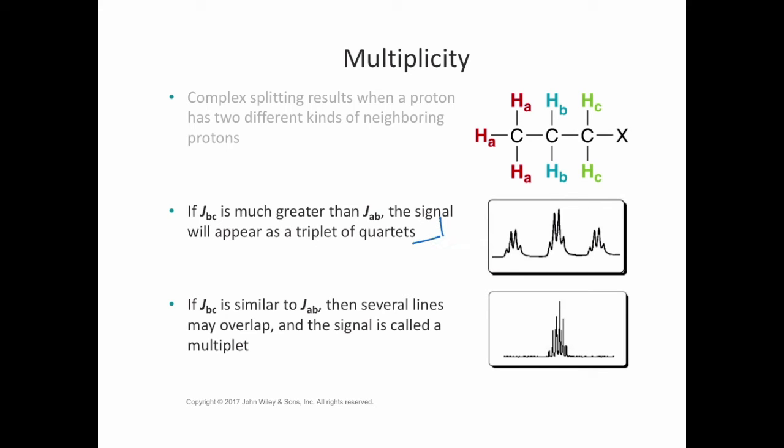So in that case, you always are going to split the proton first by the proton that it has the higher coupling constant with. So here, it would first be split by HC into a triplet, and then it would be further split by HA into quartets. And that's how you're getting the triplet of quartets appearance. If JBC is similar to JAB, then the several lines will overlap, and we just call this a multiplet.